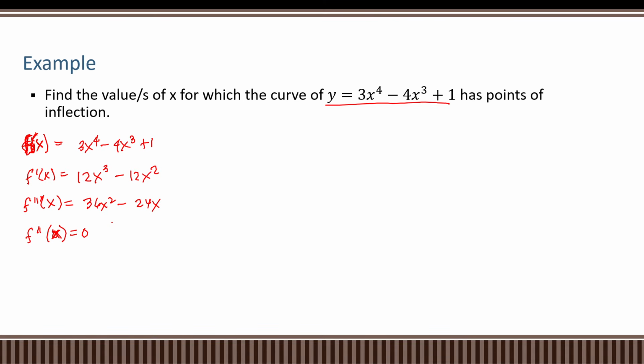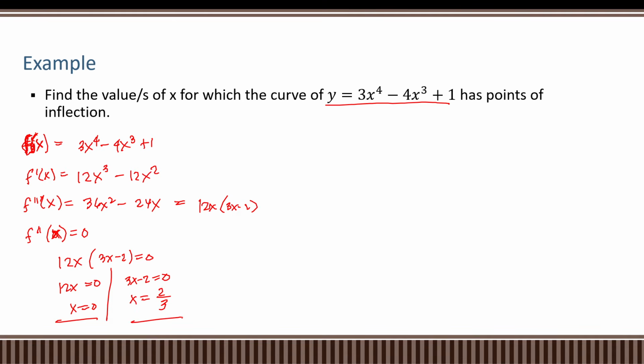First we need to factor this one. I have 12x times 3x minus 2. So we equate 12x equal to 0 and 3x minus 2 equal to 0. So you have x is equal to 0 and x is equal to 2/3.